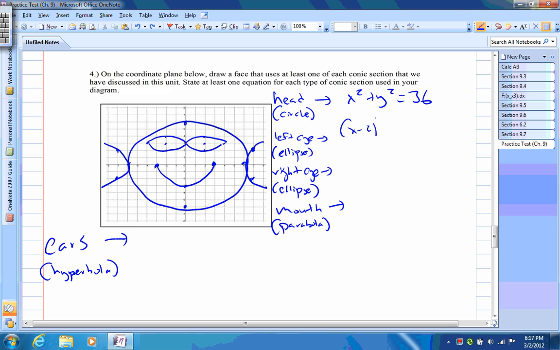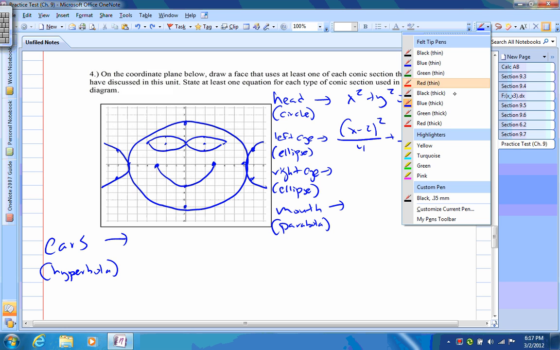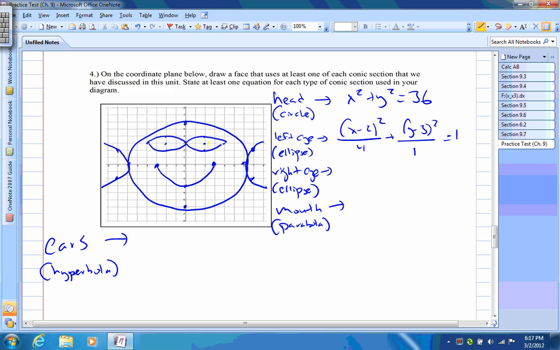So I have x minus 2 squared over 4 plus y minus 3 squared over 1 equals 1. Since that's a horizontal axis, and it is longer than the vertical axis, we put that beneath x minus 2 squared. And this is going to be the half length of the minor axis, which is 1. So b is 1. So we put 1 beneath y minus 3 squared.